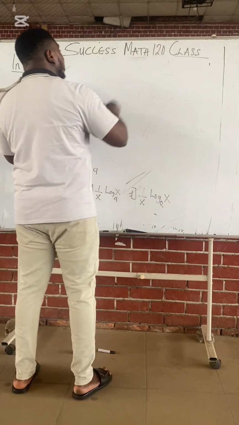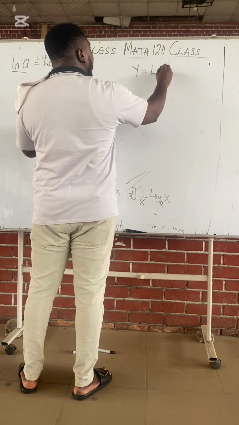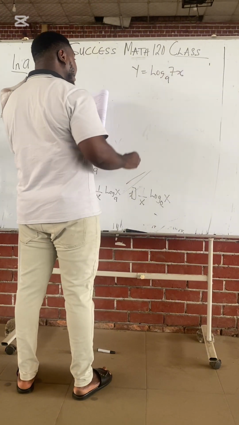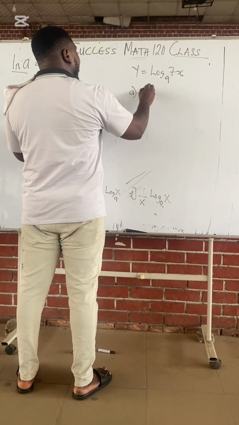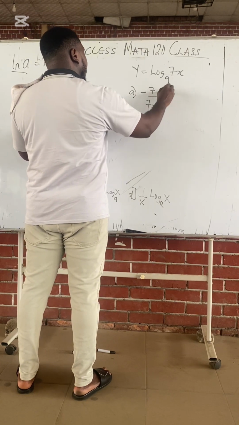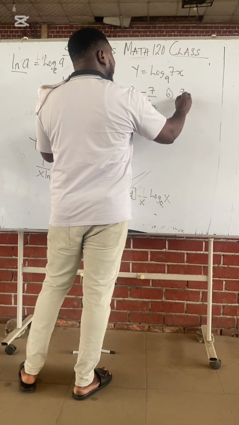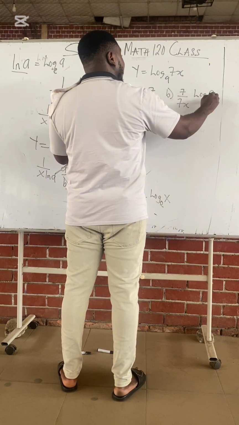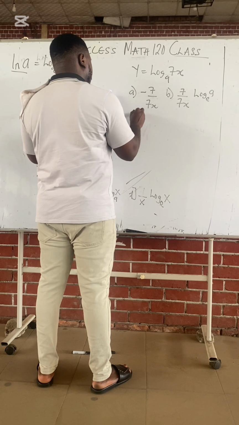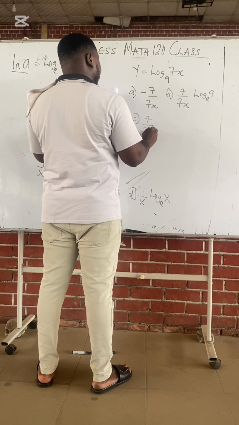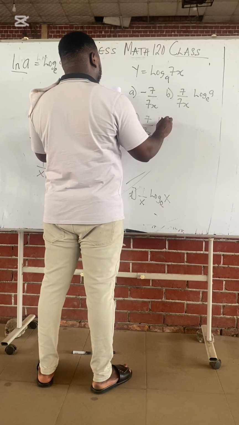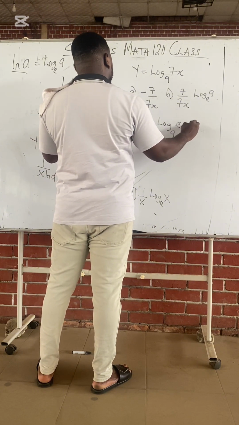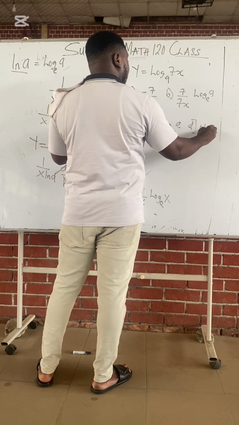If y equals log 7x base a, find dy/dx. A, minus 7 all over 7x. B, 7 over 7x log a base e. C, 7 over 7x log e base a. D, none.